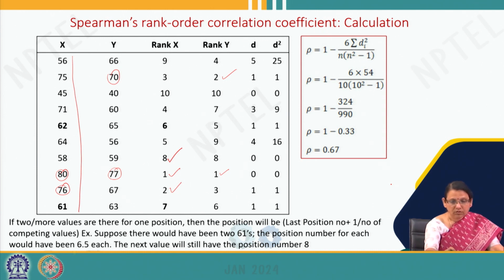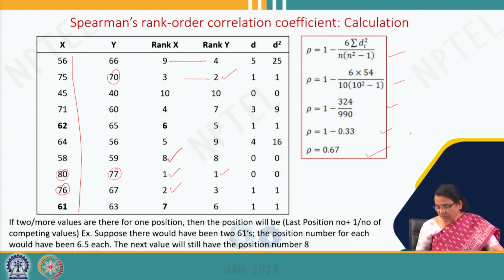So 9 minus 4 is 5, 3 minus 1 is 2, 3 minus 2 is 1, that is how we calculate this difference between the ranks. D is the difference, you calculate D square, and Spearman's rho is calculated using this formula.